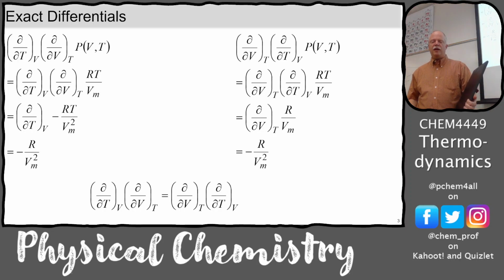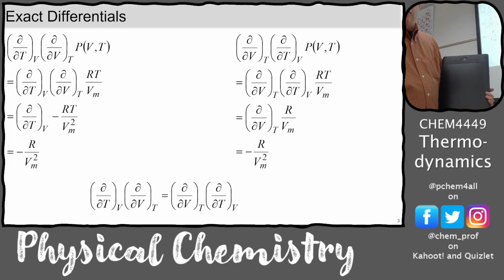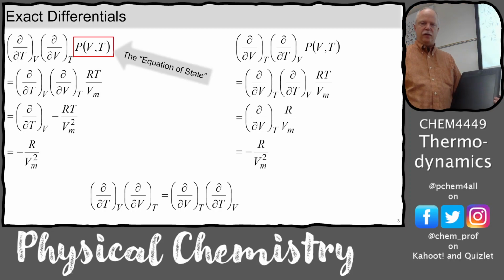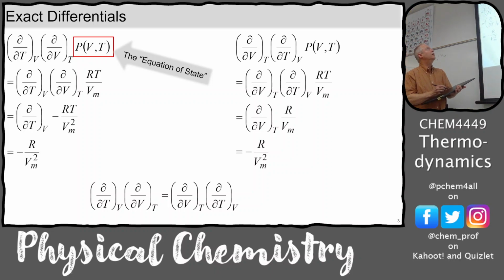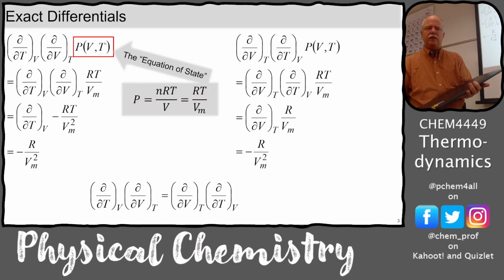So here's what I mean by exact differentials. If we have this equation of state right here, it's pressure, which can be written as a function of volume and temperature, and we'll just say that the number of moles of substance is constant. And so we can write that in terms of its molar volume.